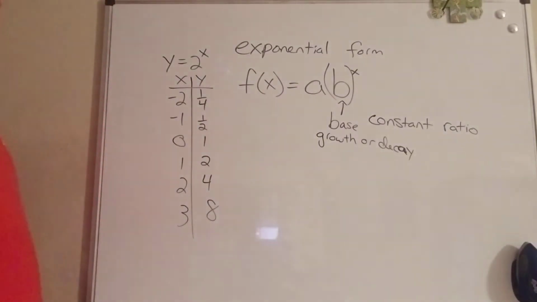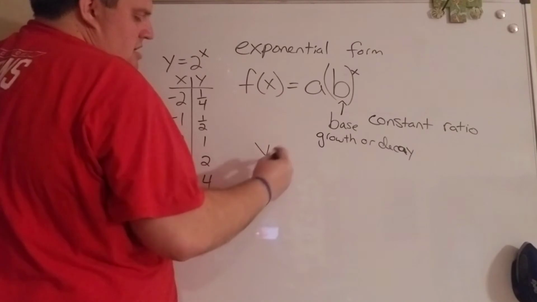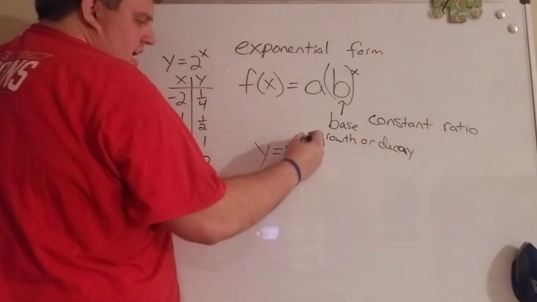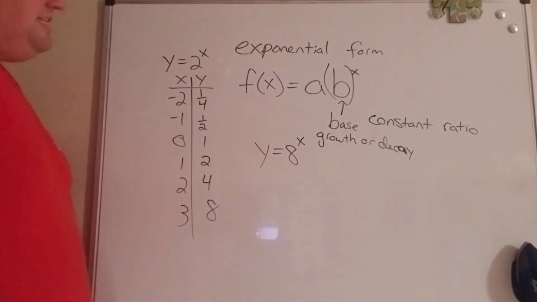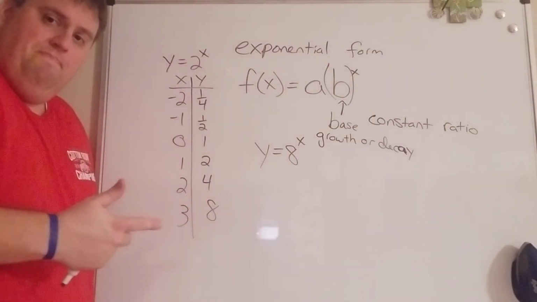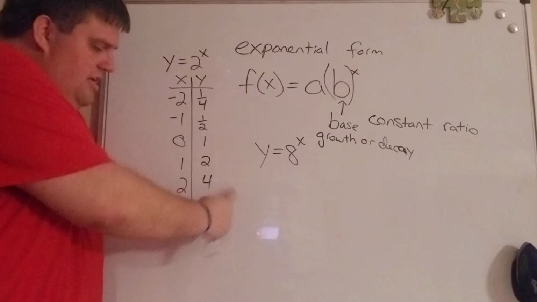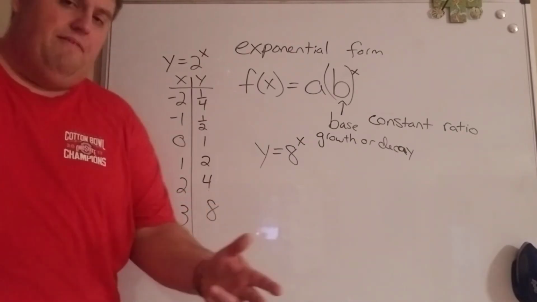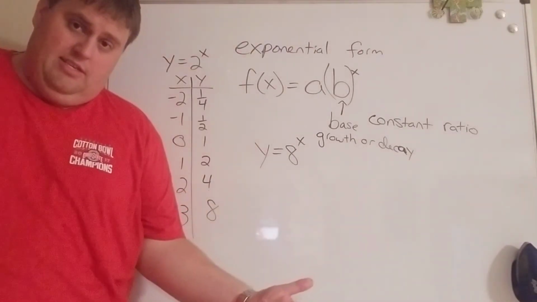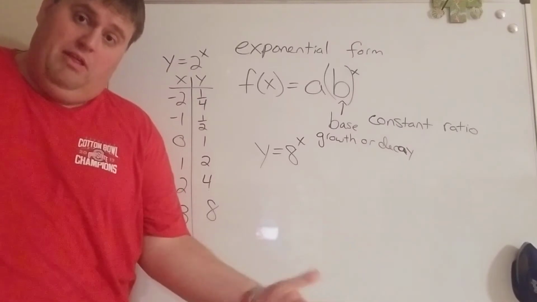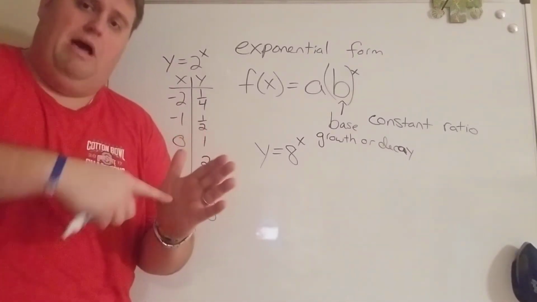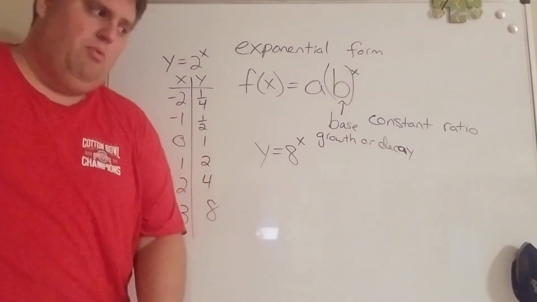If we were to change that to, let's say, y equals 8 to the x, in this table, what I would expect to see is that we're multiplying by 8 each time we move down. So that's going to give us our idea of how this thing changes. It's not quite slope, but we're going to multiply by that number every single time in the y's.